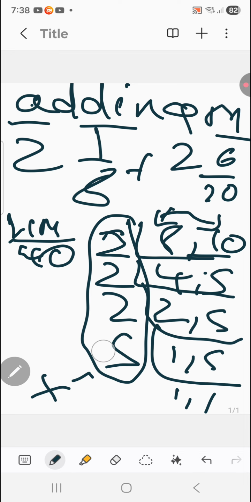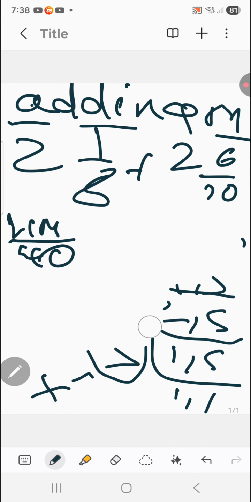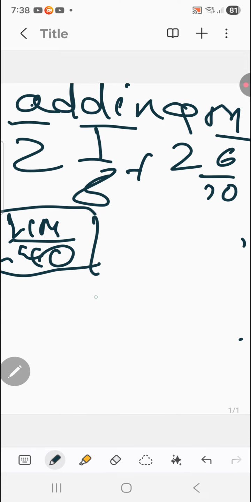Now the LCM is 40. The LCM we found is 40, and now we have to divide 40 by 8 for each.